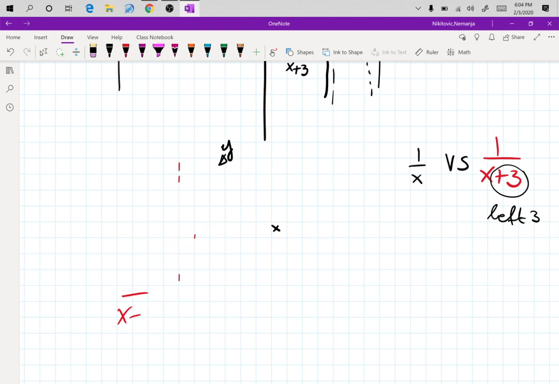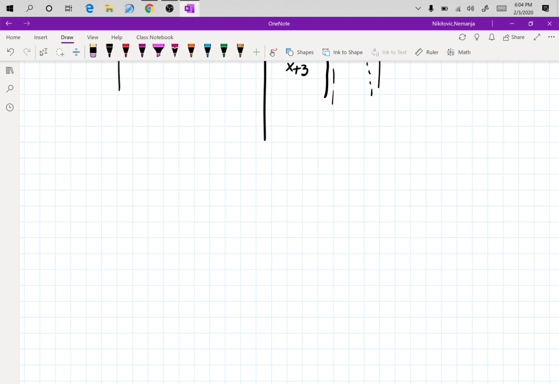Because I'm going to do one more now. Let's take a look at a function that has two shifts combined. Say y equals absolute value of x minus 2 plus 3. So this one has two shifts.